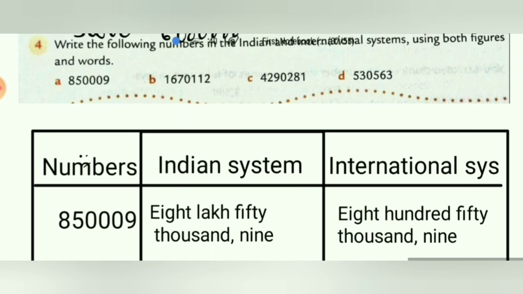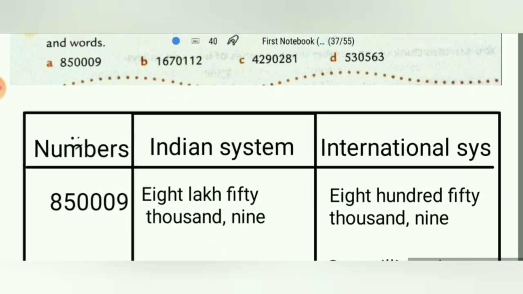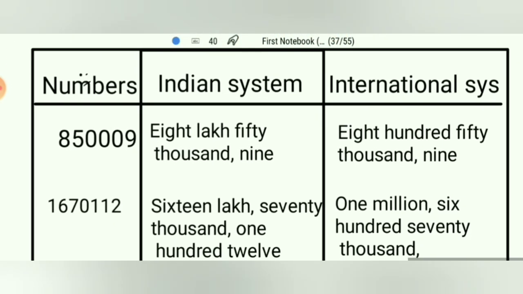Next, write the following numbers in the Indian as well as international systems using both figures and words. It means we have to write in both the systems. See the first one: ones, tens, hundreds, thousands, 10,000, lakh. How will we write? 8,50,009.